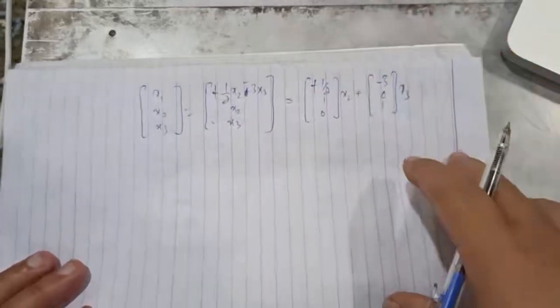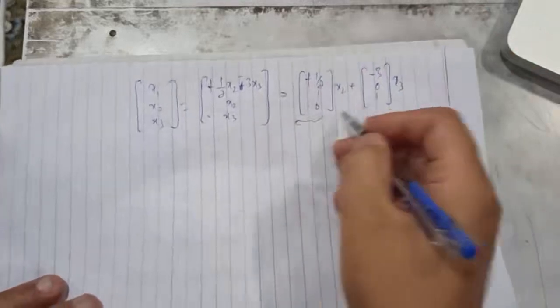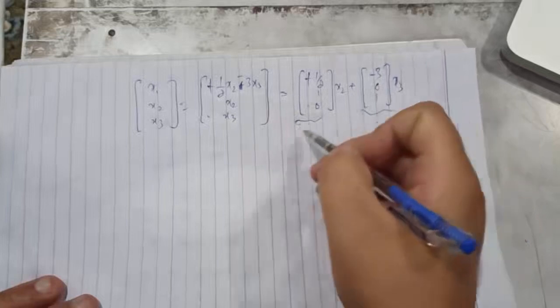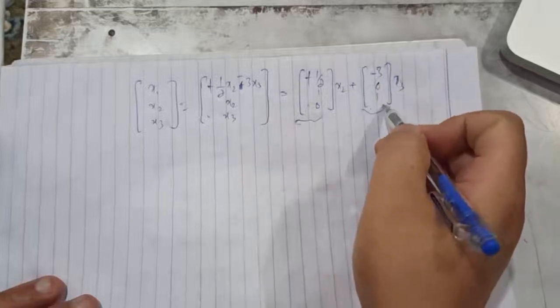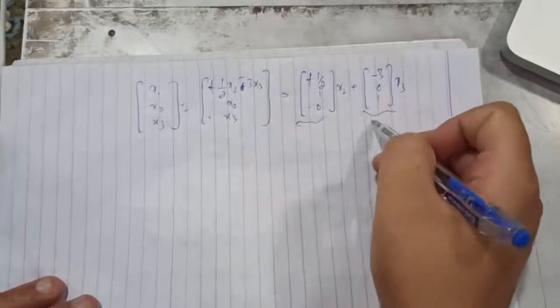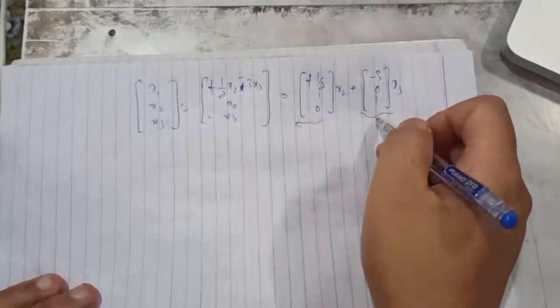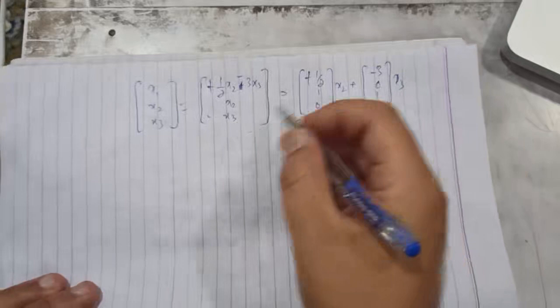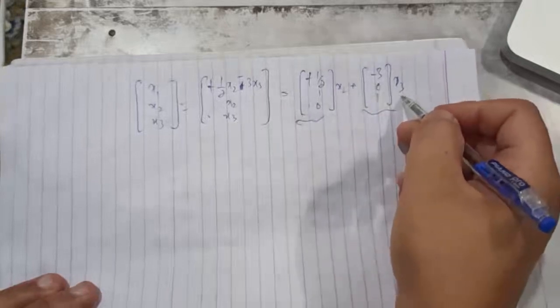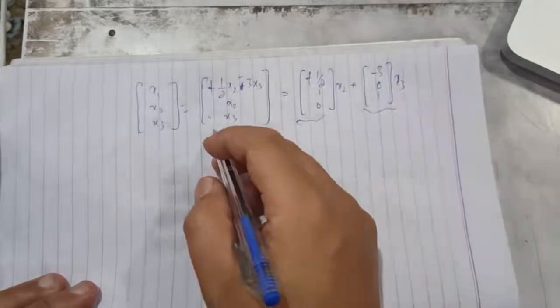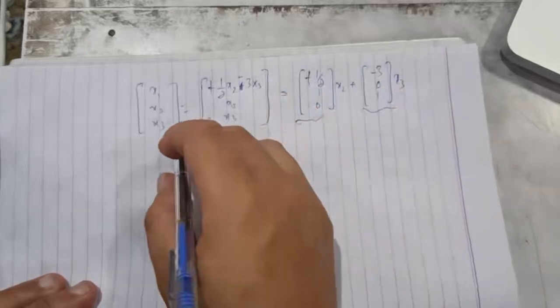And of course these are two vectors, and because x2 and x3 are the free variables, they form a subspace. This subspace has these two vectors as the basis vectors. You can think of these as scalar coefficients, and these as vectors spanning the whole solution set of this homogeneous system of linear equations.